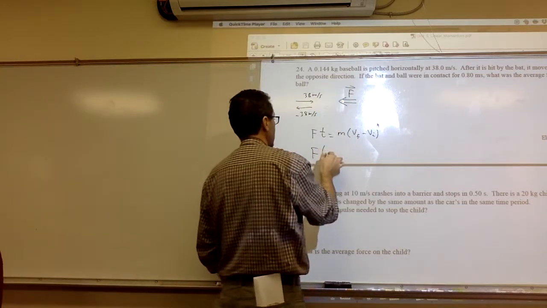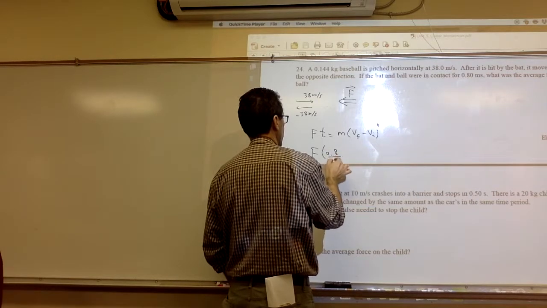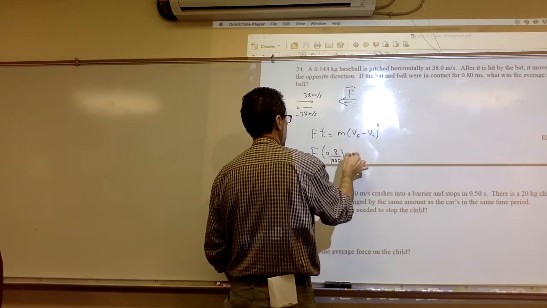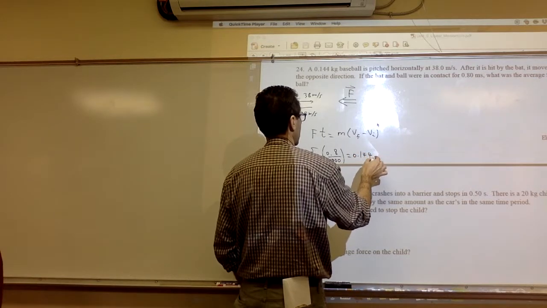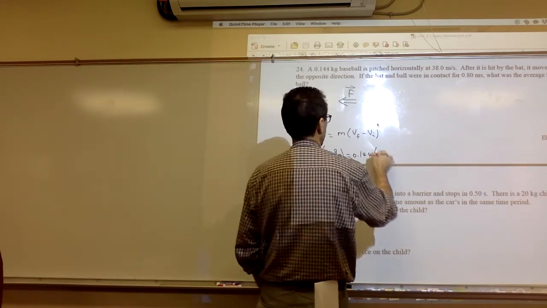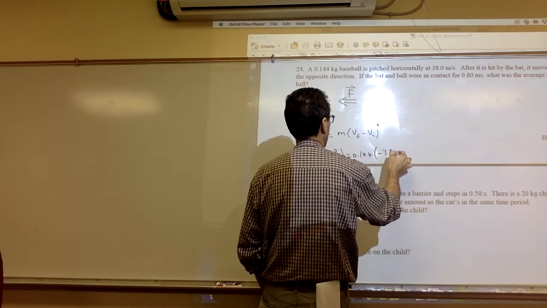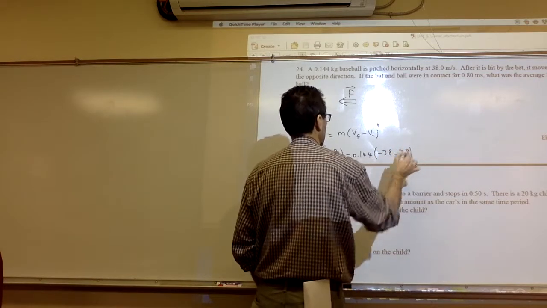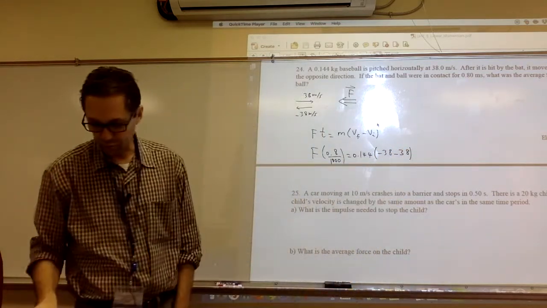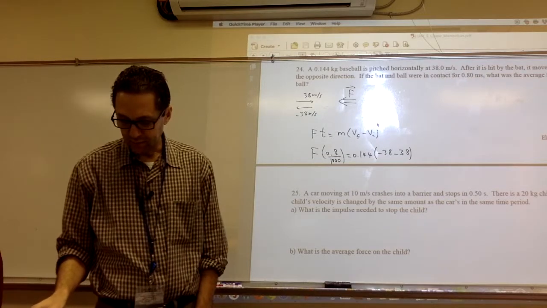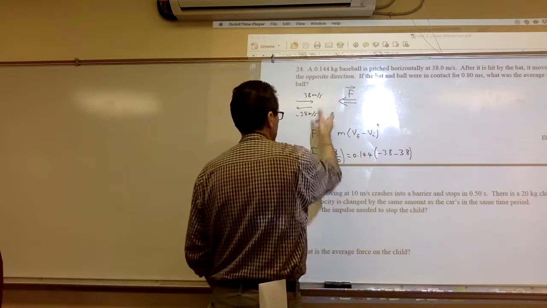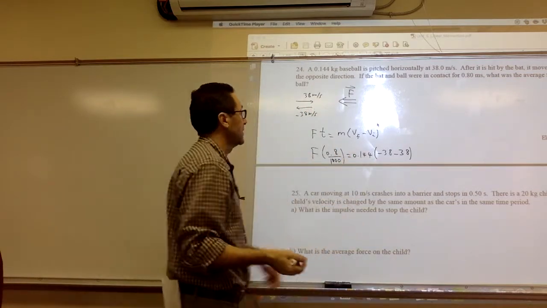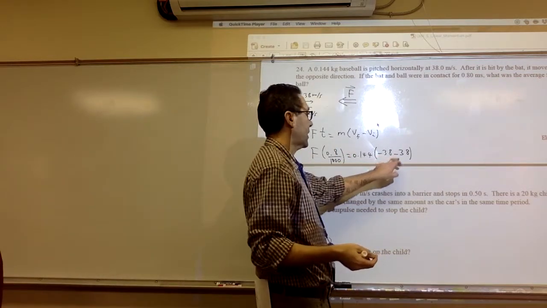So F times 180 divided by 1,000 equals 0.144 times Vf, which is negative 38, minus the initial velocity, which is 38. And the force will be negative 13,680. If you reverse the directions, you should just get a positive, because this will become positive 38 minus negative 38.